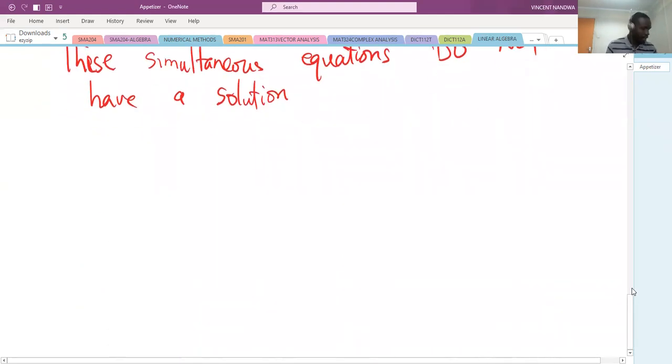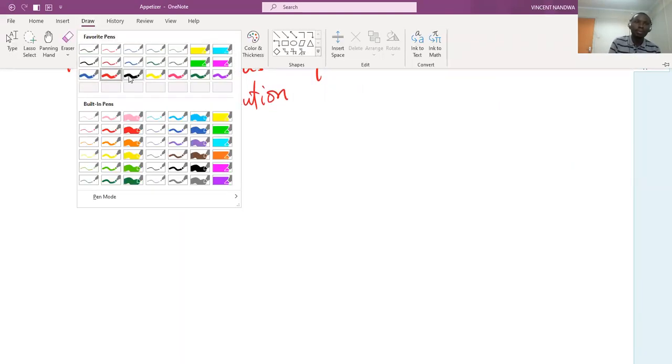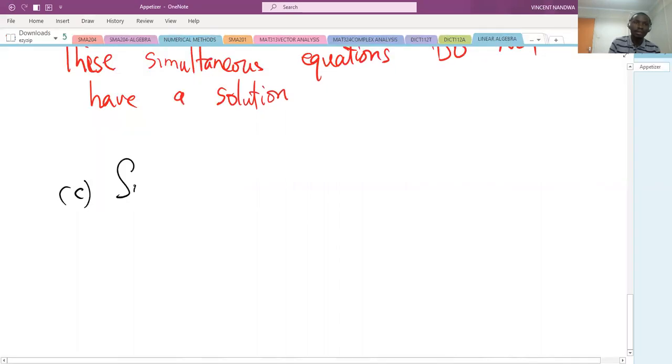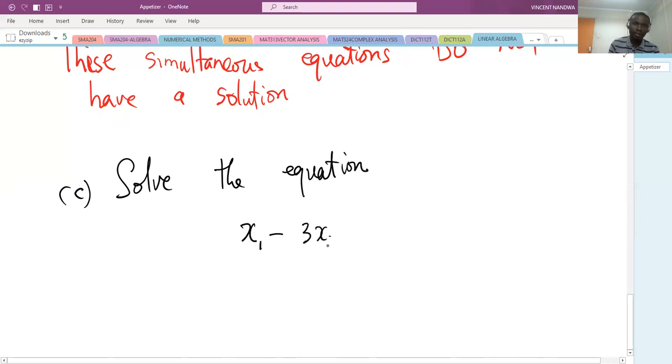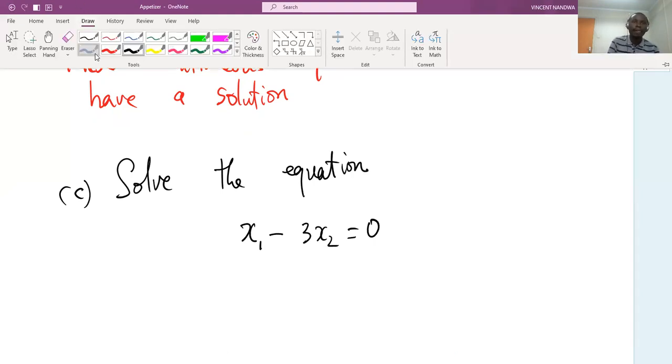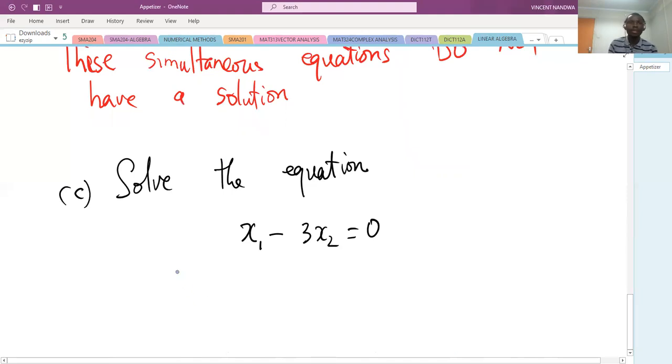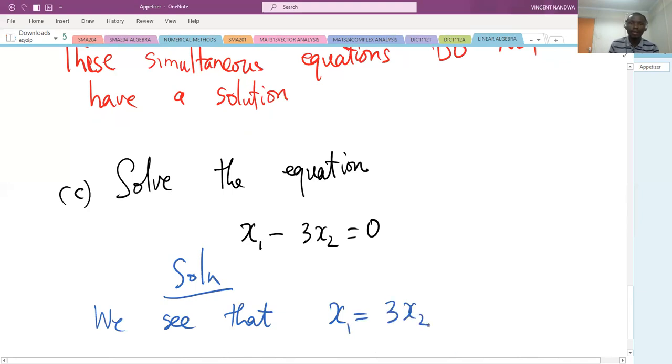Then consider another set, number 3, C: solve the equation x1 minus 3x2 equals 0. For this one, I'm just given one equation. For the solution, we see that x1 can be written as 3x2.